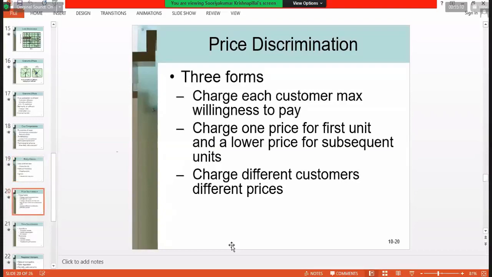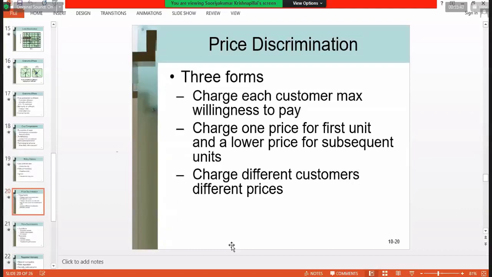So we will see later why the government cannot regulate the price to be equal to marginal cost in some monopoly markets. Also, in the monopoly market we can see price discrimination. So far we studied a monopoly selling all the quantity at a single price.